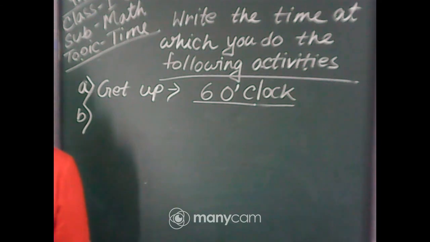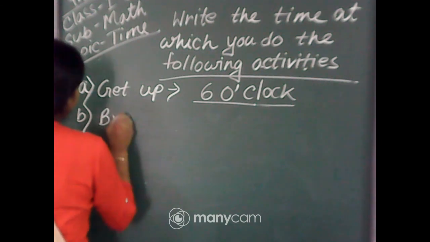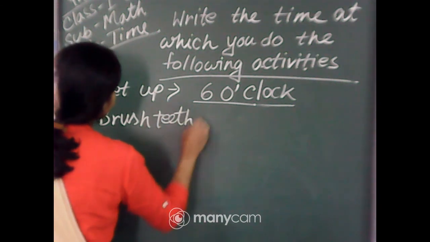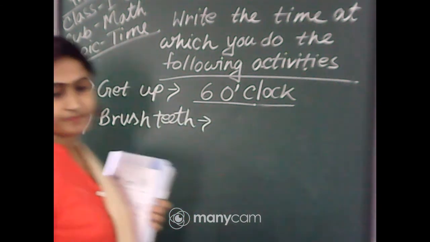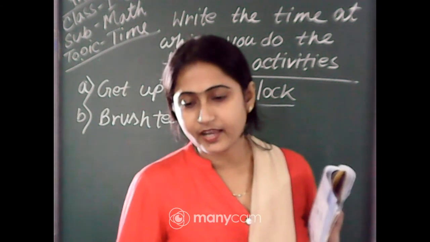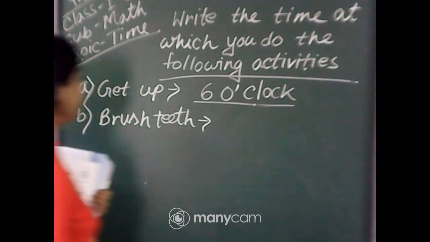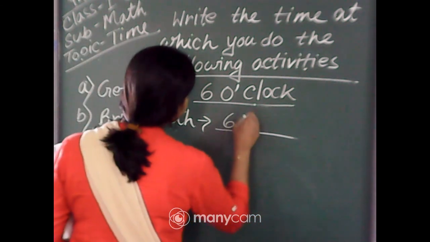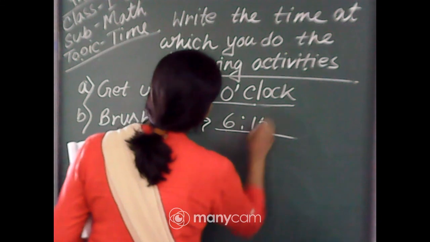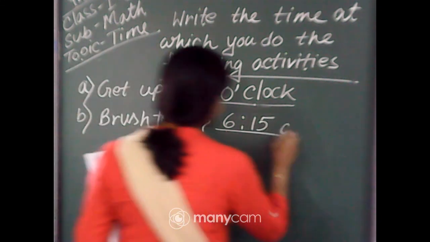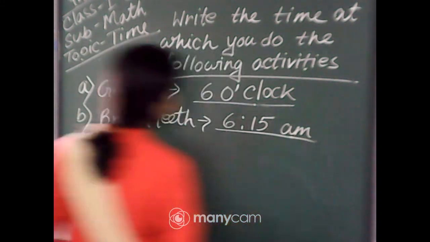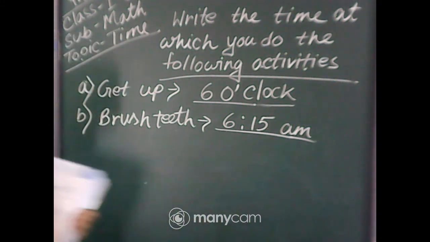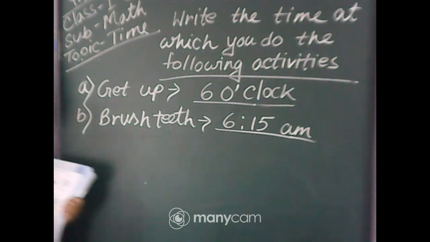Next, brush teeth. If you wake up at seven o'clock, then on that basis you write down brush teeth 6:15 a.m. You can write 6:30.